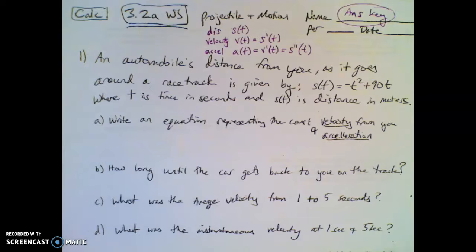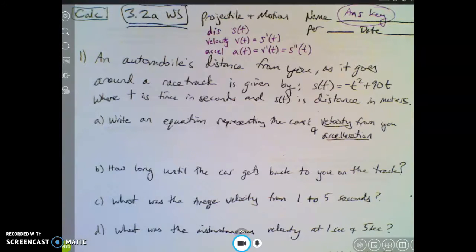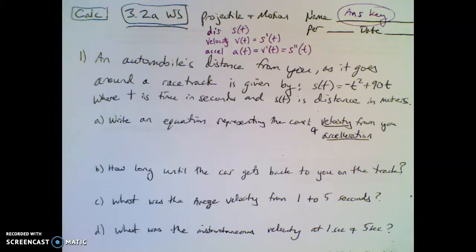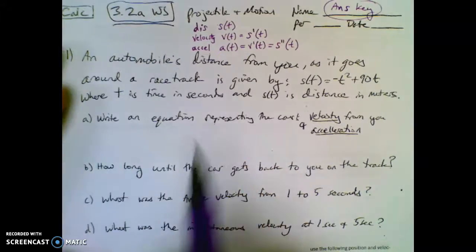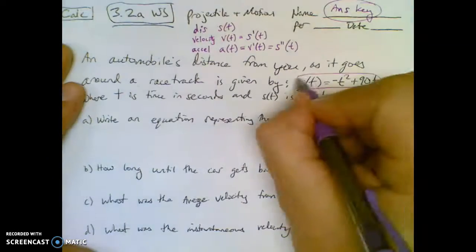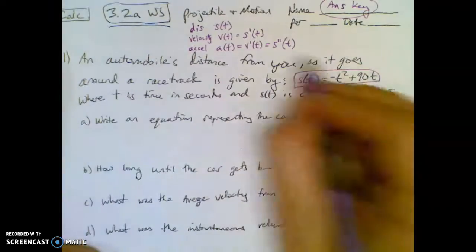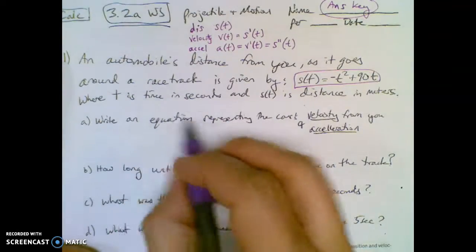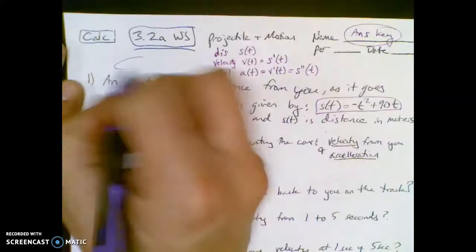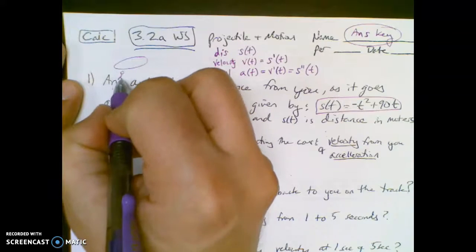You basically are just going to have to say, okay, which formula am I using and which part do I plug in? So let's try it for this one. You're given your original equation. It's important to read this: automobile distance from you as it goes around a racetrack. So imagine, racetrack, you're here, okay?